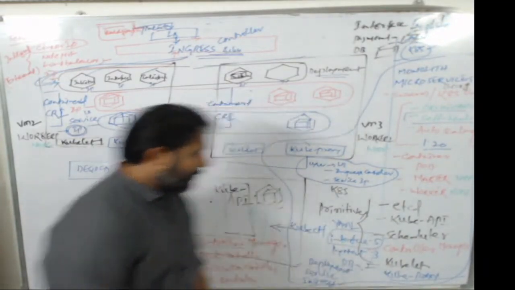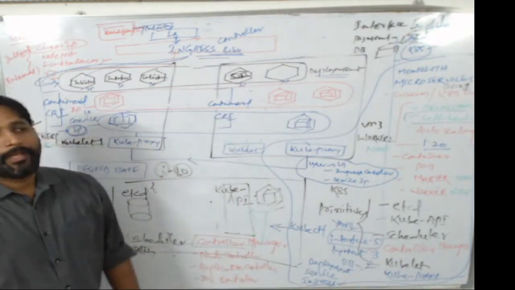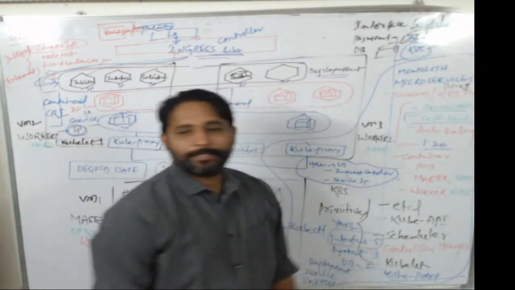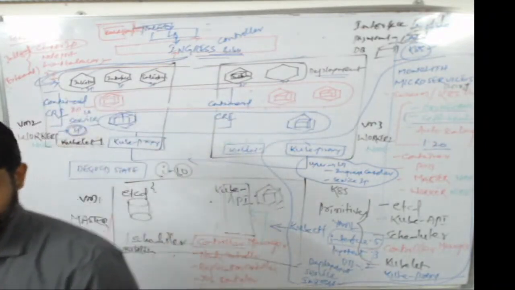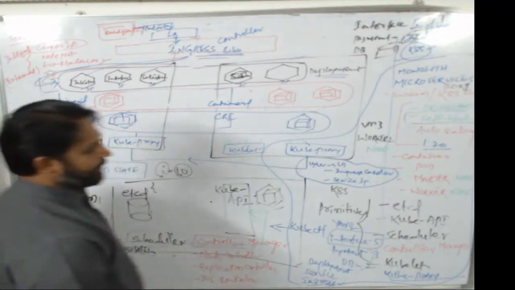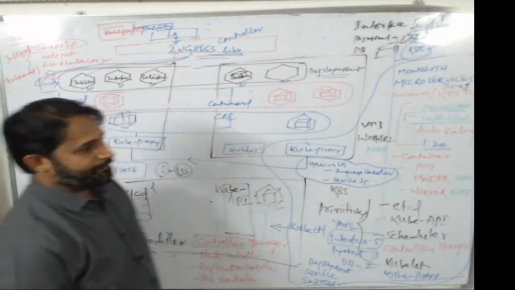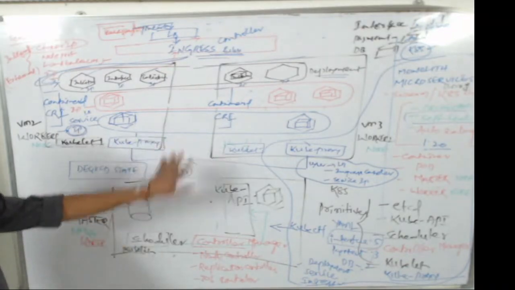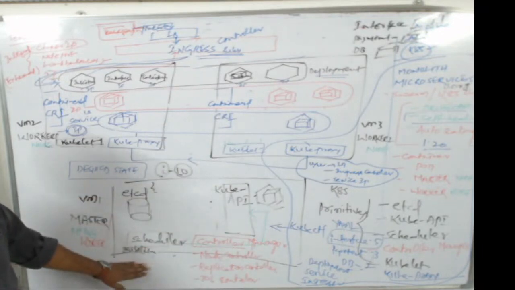The 5th one is kubelet. Kubelet creates the pods. Creates, deletes, restarts, it does everything with the pods. So kubelet, you have on all the workers as well as on the master also.